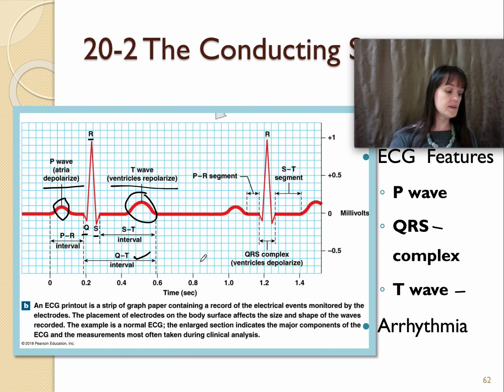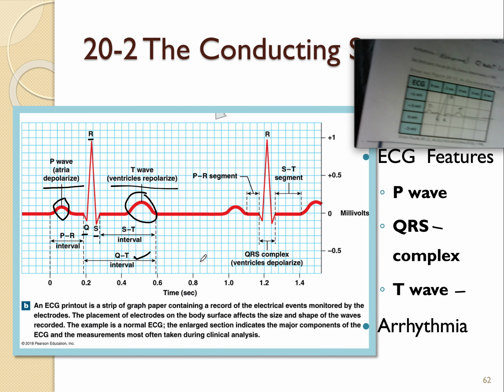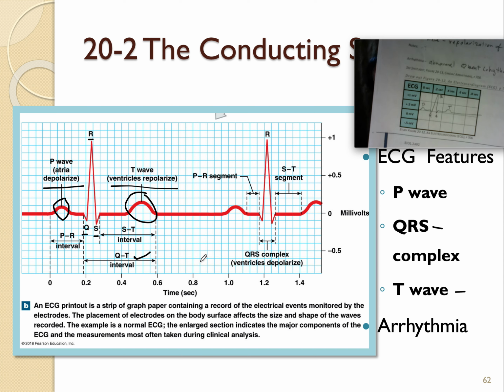An arrhythmia is an abnormal heartbeat, and that can be an abnormal rhythm or an abnormal force. And then I have a little box here for you to draw out your ECG. As you see, we've got our tiny P wave and little QRS complex in the second box, and then the T wave is in the third box.